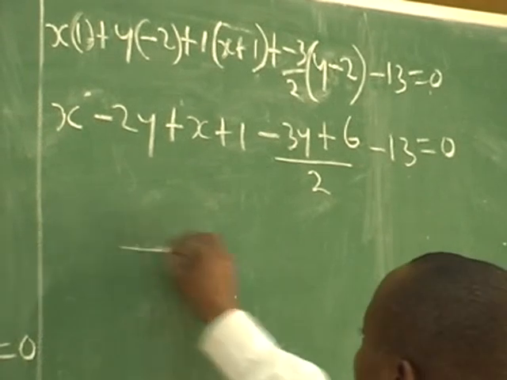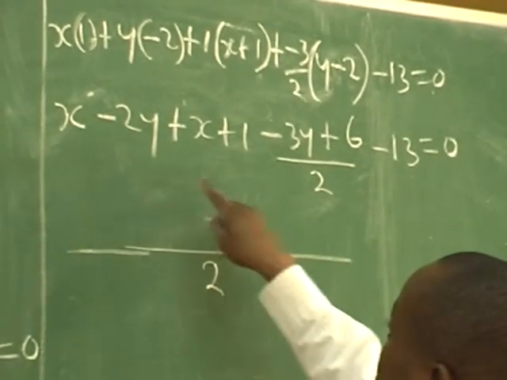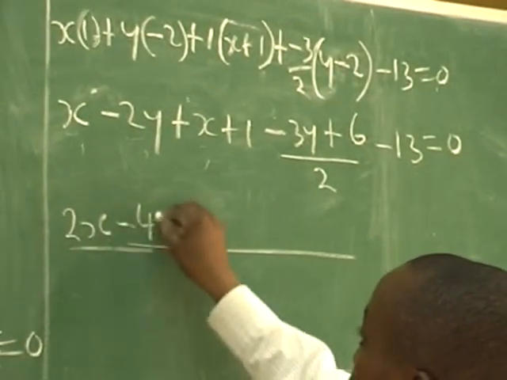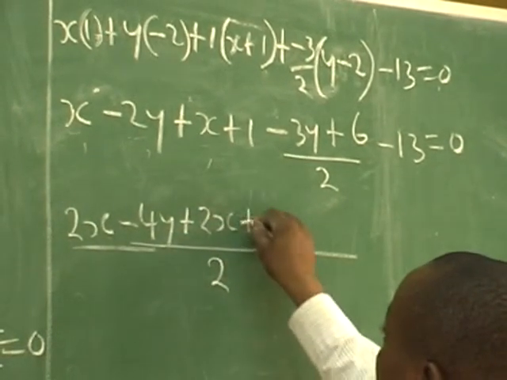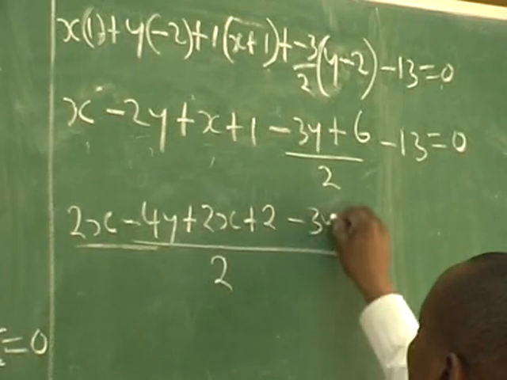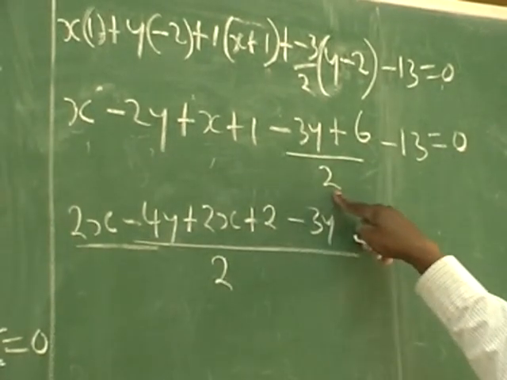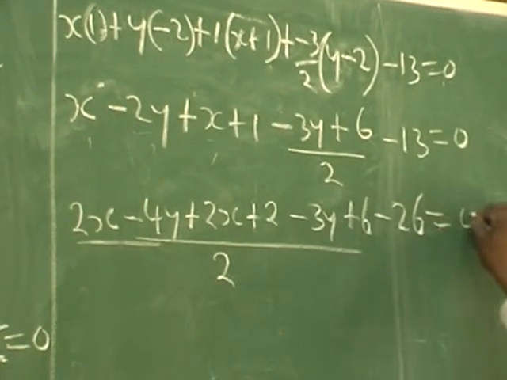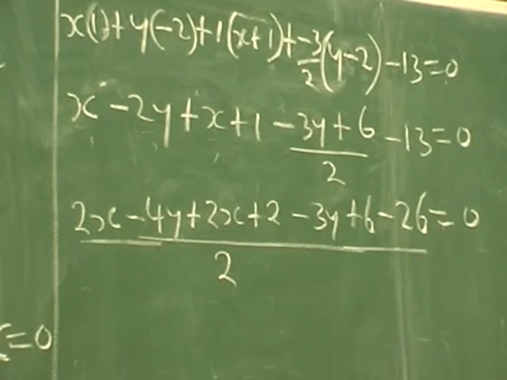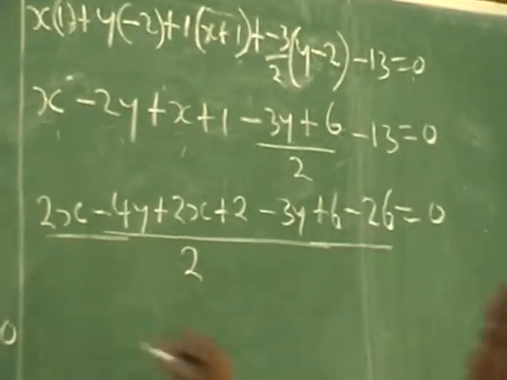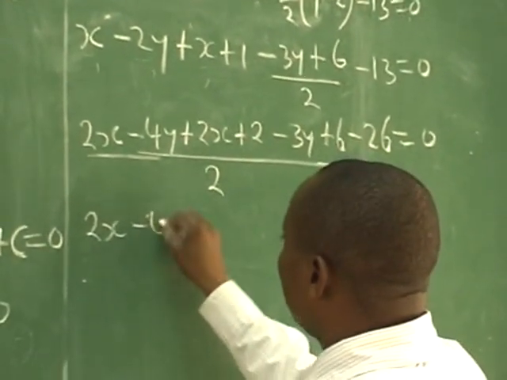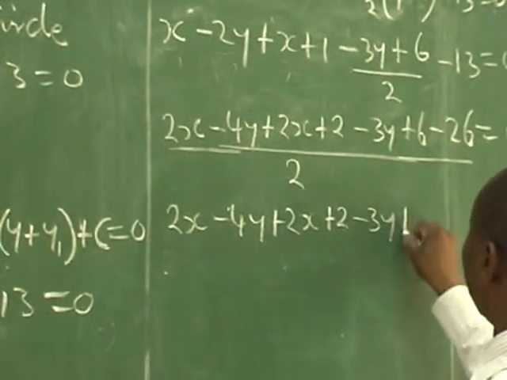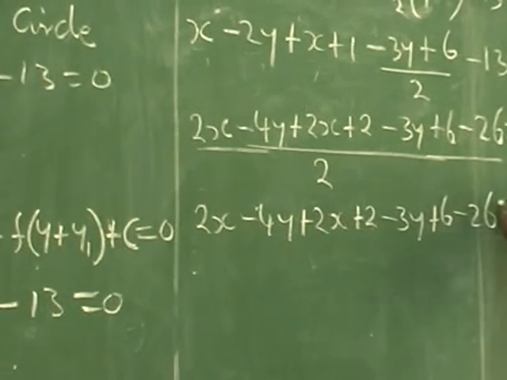So we have 2x minus 4y plus 2x plus 2 minus 3y plus 6 minus 26 is equal to 0.